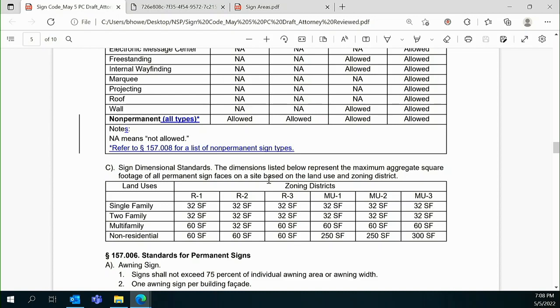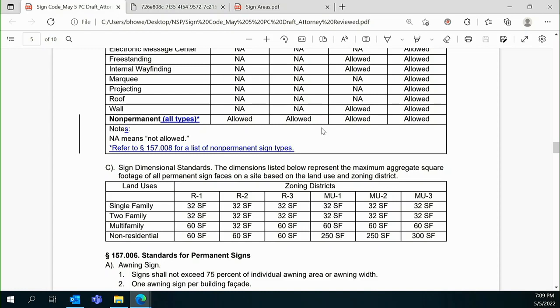Oh, I see. But it should be 32 and 32 in that case. Not for the R1, no. It's 0 for permanent for multifamily. Understood. But if we're talking about the non-permanent signs, it should be the same. The R1 should not be bigger than the R2 limit. Well, the difference is, that's why I was trying to get to, all right, there is an aggregate number at some point in time, and without being able to see that, it's hard to know where these came from.